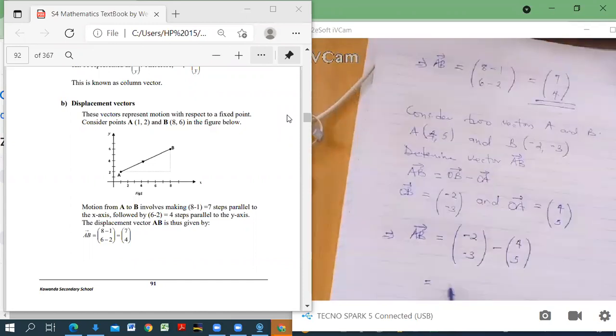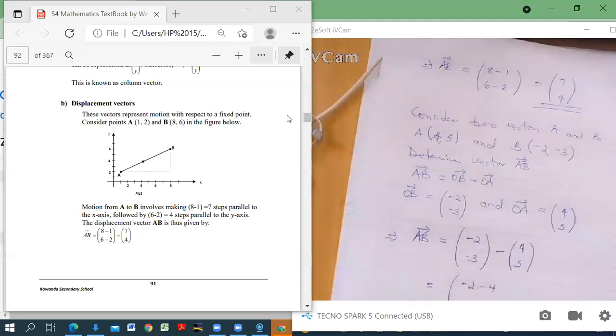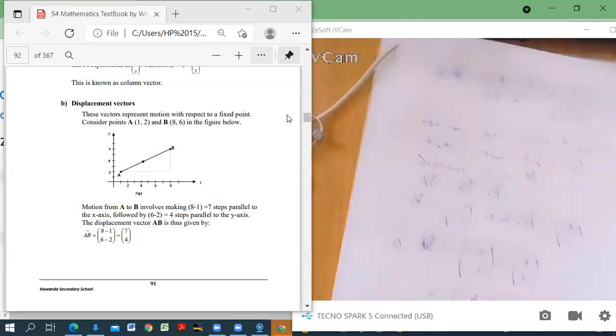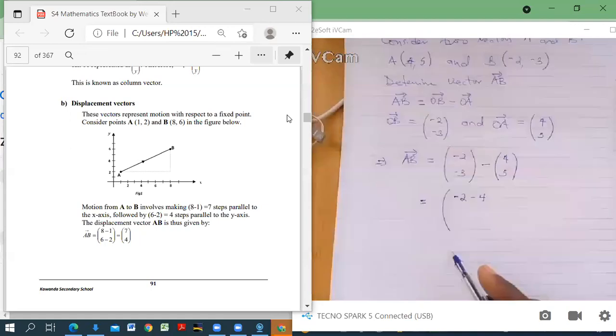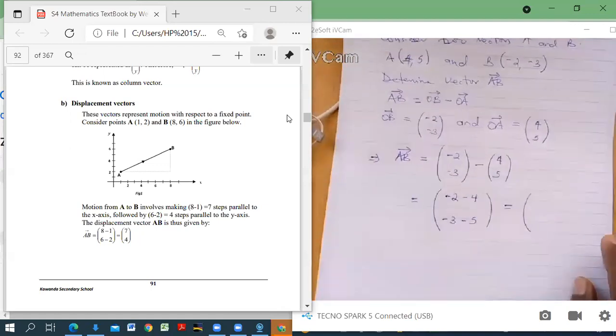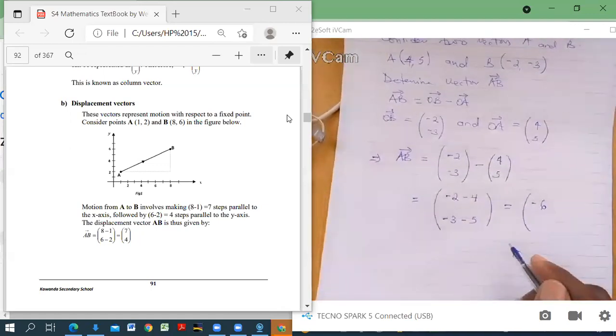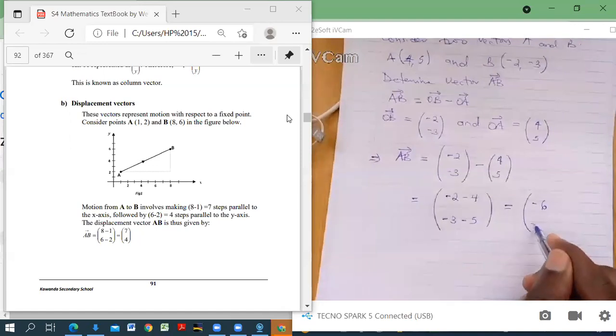Can we subtract that? We have -2 minus 4, which gives -6. Then -3 minus 5, which gives -8.